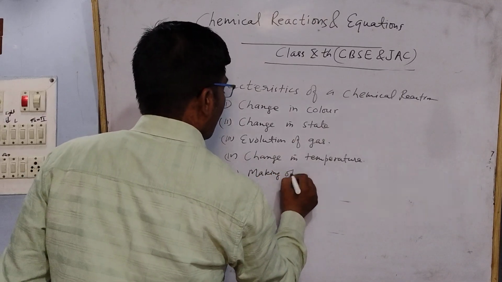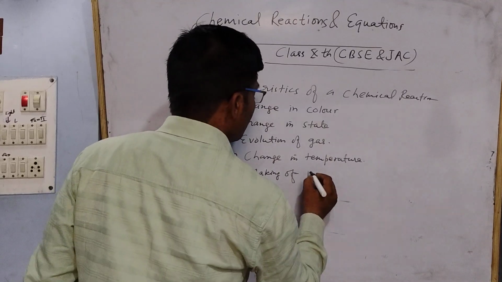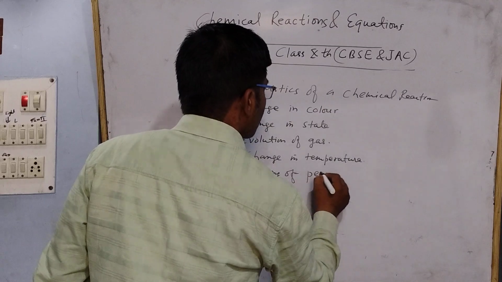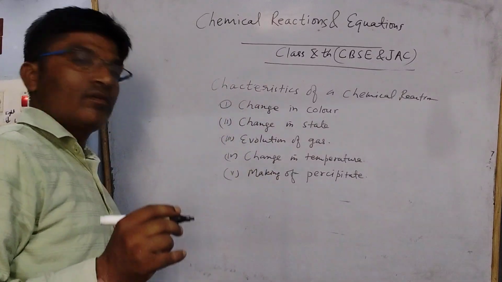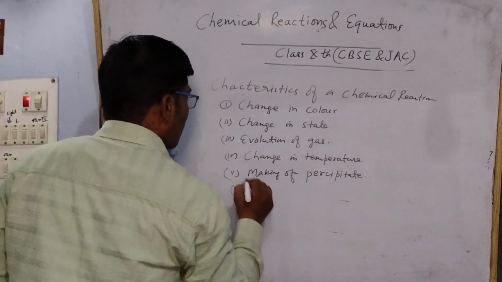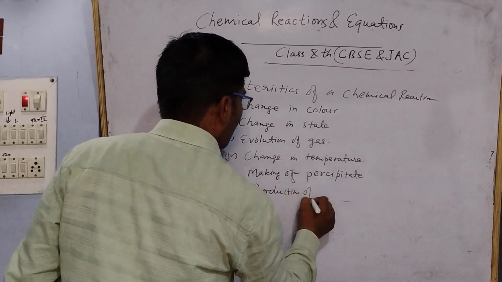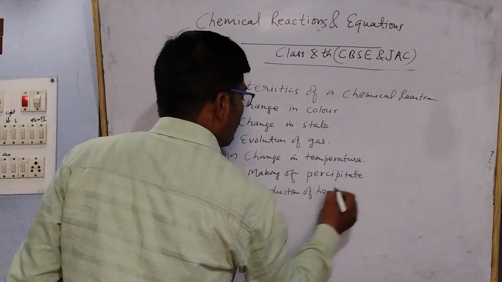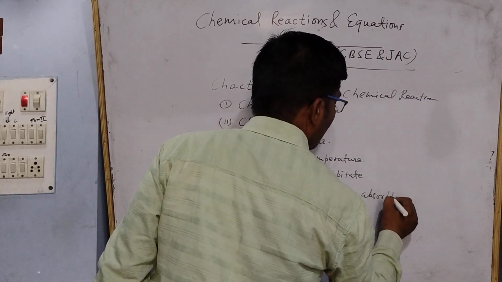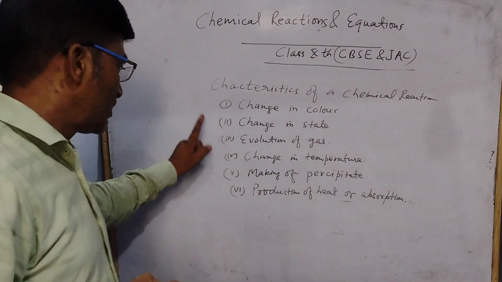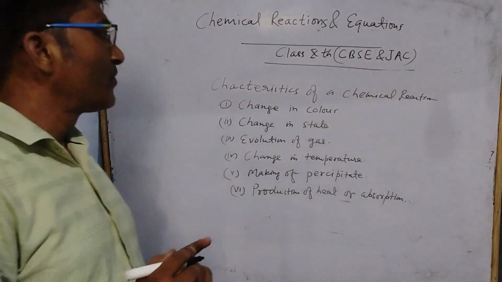Making of precipitate. Production of heat or absorption. These six are the characteristics of a chemical reaction.